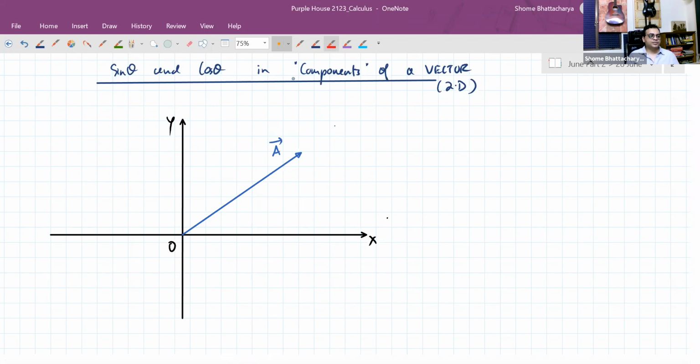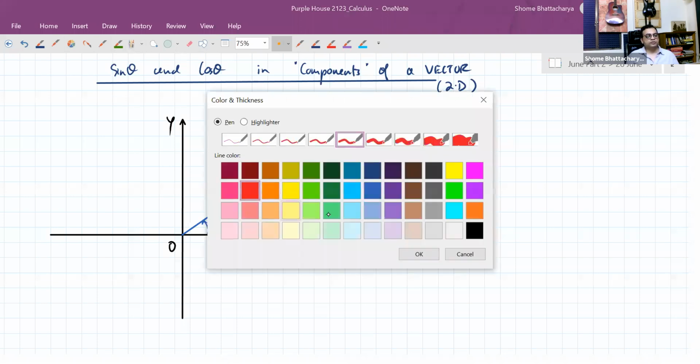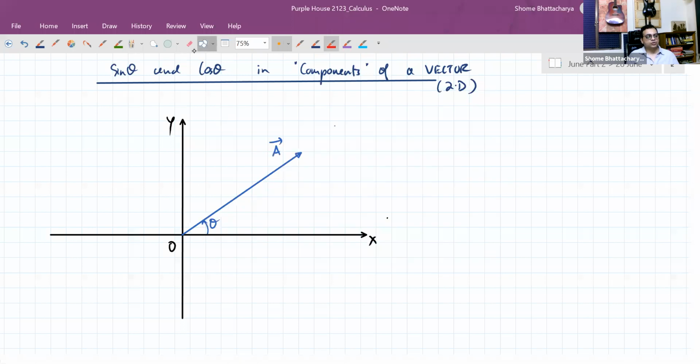Now we can always express it. If this arrow is making an angle theta with the x-axis, then we can express the vector A as the sum of two other vectors lying along the x-axis and the y-axis respectively. We call these the components, written with subscripts AX and AY.